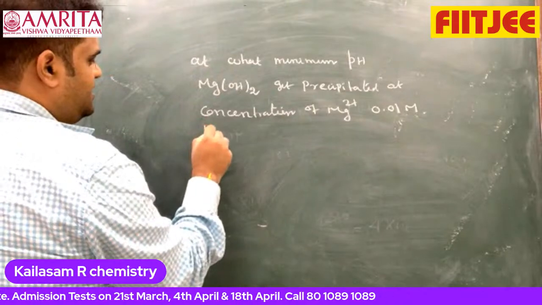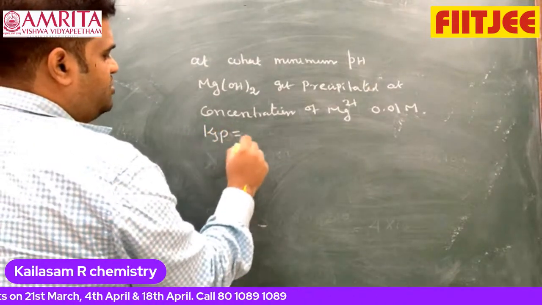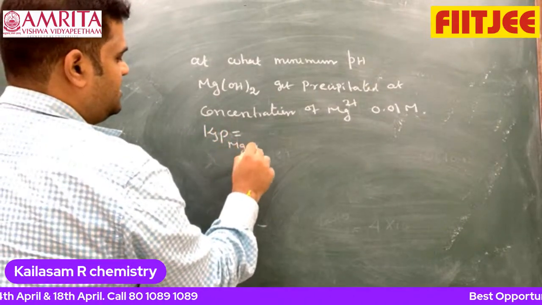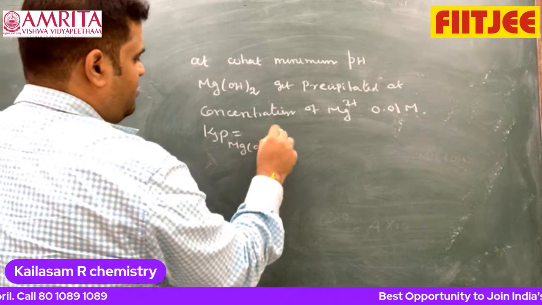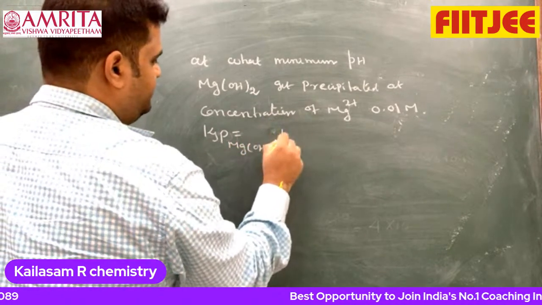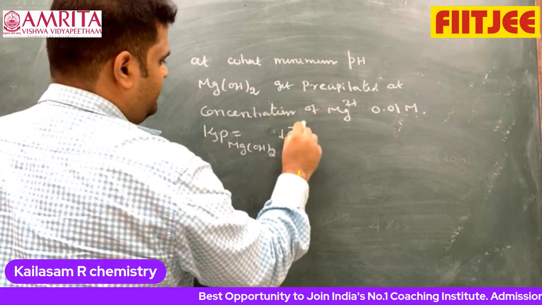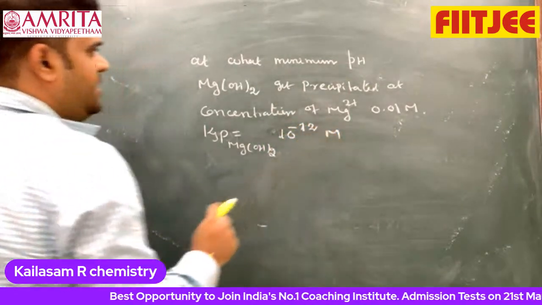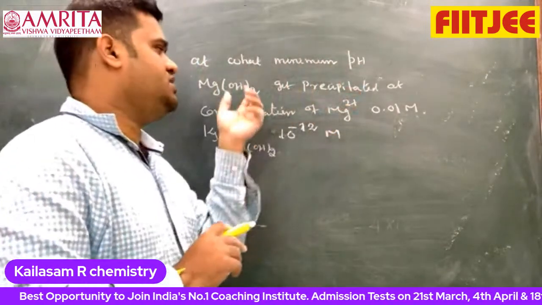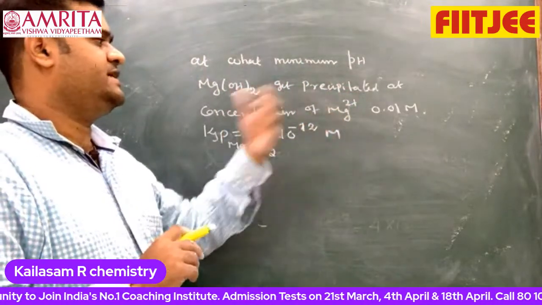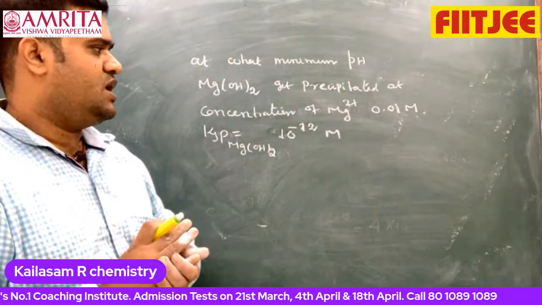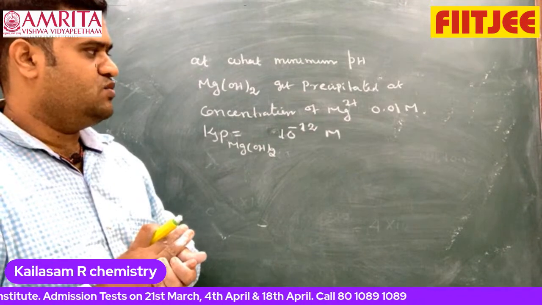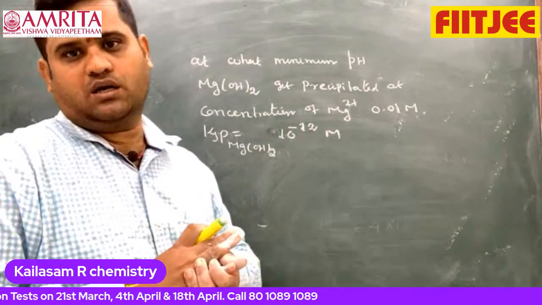Ksp of Mg(OH)2 is 4 into 10 power minus 12 molar. At what minimum pH should Mg(OH)2 get precipitated, at the concentration of Mg2+ ion of 0.1 molar? This is what is given.